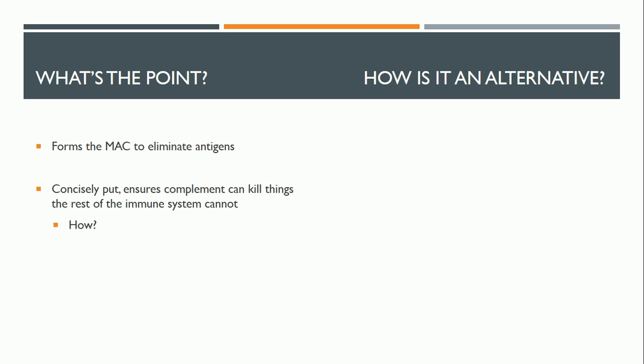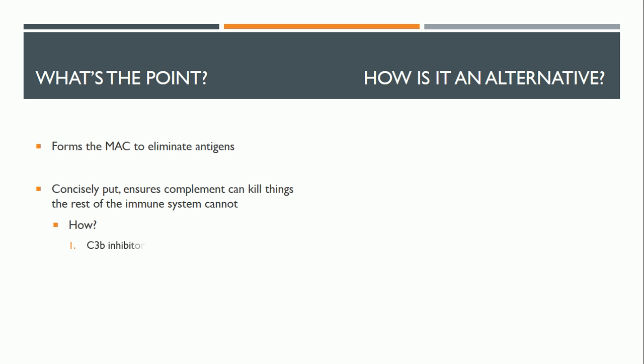Well, complement can kill things that the rest of the immune system can't, okay? But how? How is this alternative pathway identifying the rest of these antigens? Okay, if it's not going to be with mannose binding lectins, if it's not going to be with antibodies, what is actually going on? Well, the key point of the alternative pathway is the complement protein 3, or C3.